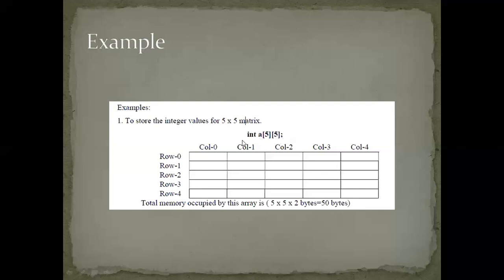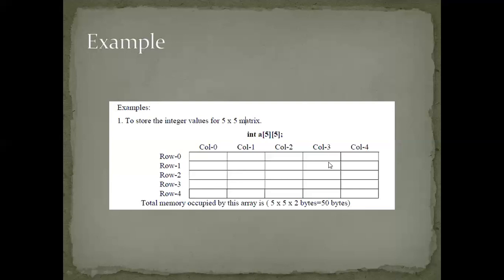Very good. Row values always start with 0 and go to row size minus 1, so from row 0 to row 4. Similarly, columns start with the 0th index and end with column size minus 1, so column 0 to column 4.